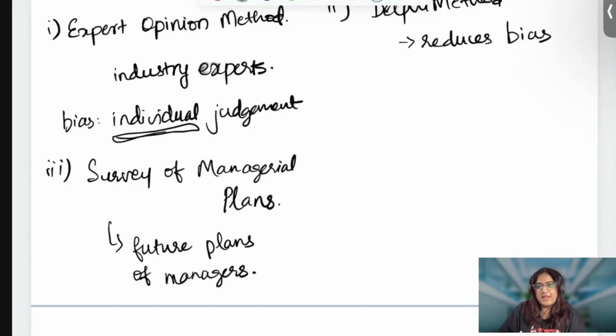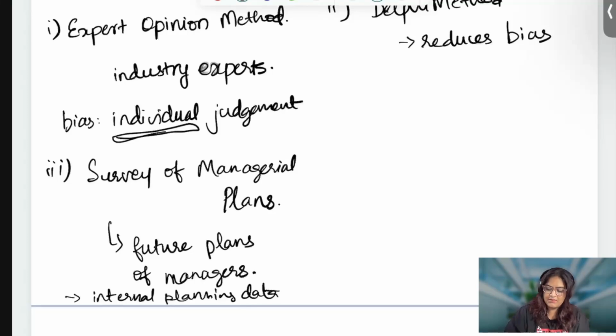If managers are planning expansion, production increase, or new product launches, this gives insight into expected future demand. So we rely on internal planning data. That is survey of managerial plans.